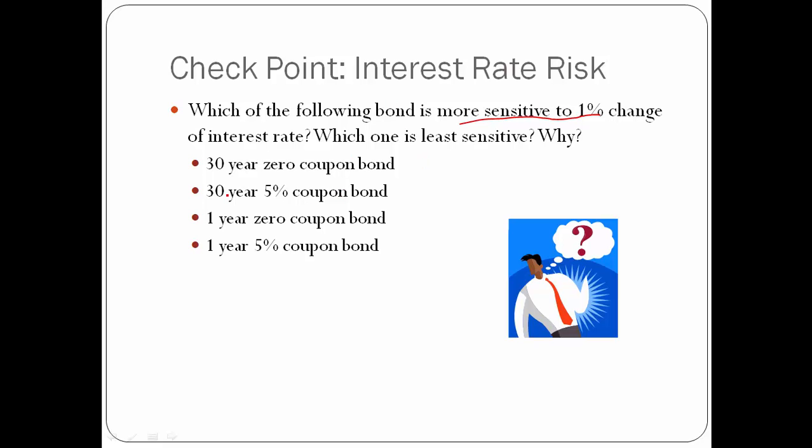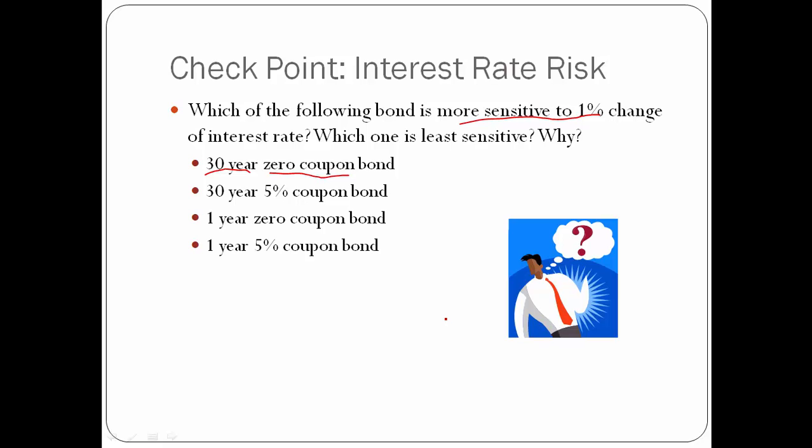So apparently, if we are looking for bonds with the highest interest rate risk or highest interest rate sensitivity, we are looking for the bond that has the longest maturity and lowest coupon rate. And among these 4, we see the 30-year zero coupon bond offers this combination.